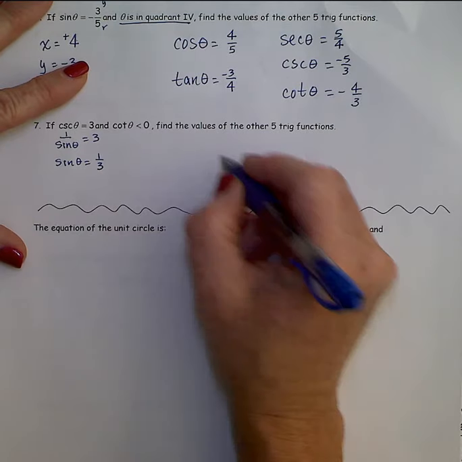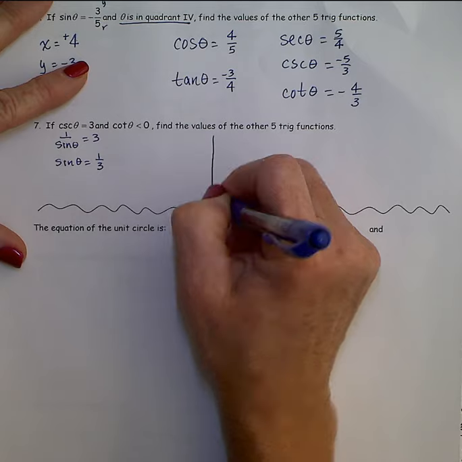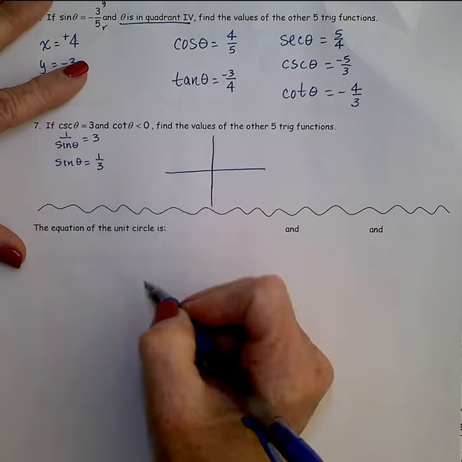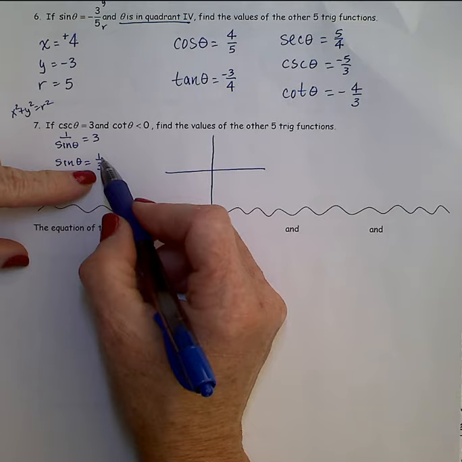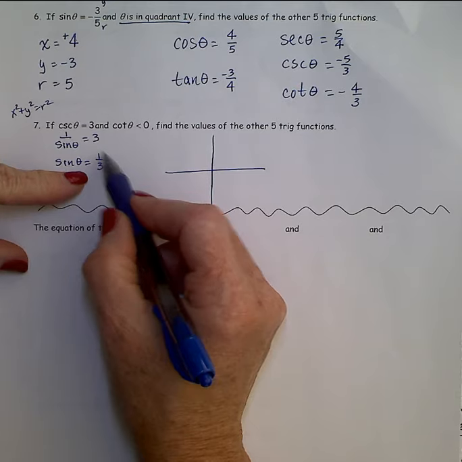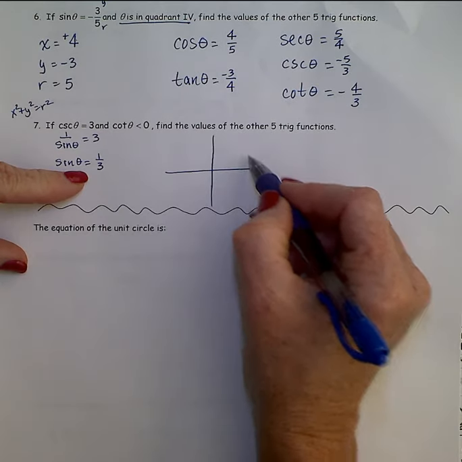Now we can go through and draw this. Sine's positive. That could be first quadrant or second quadrant.